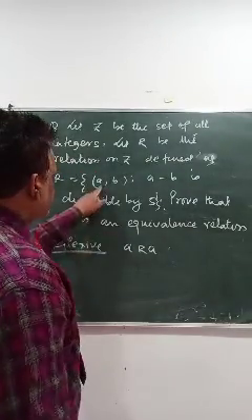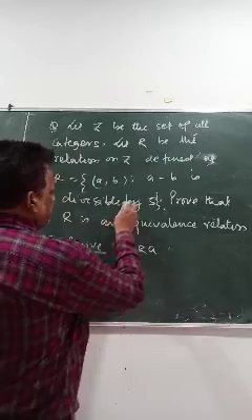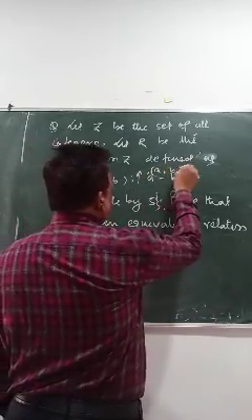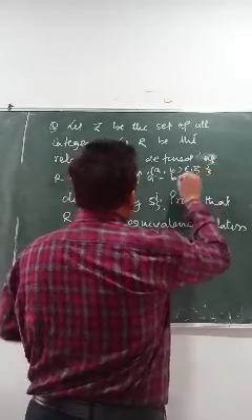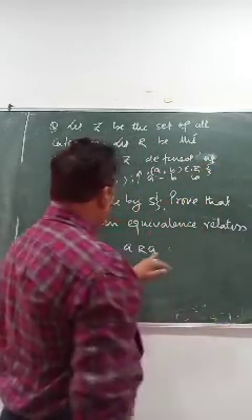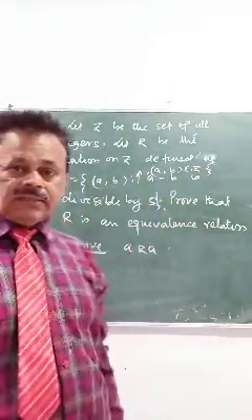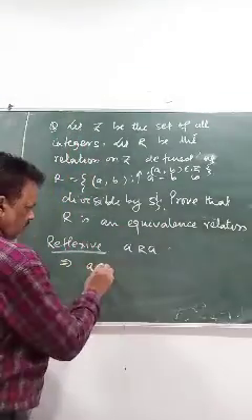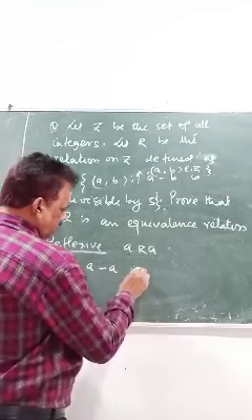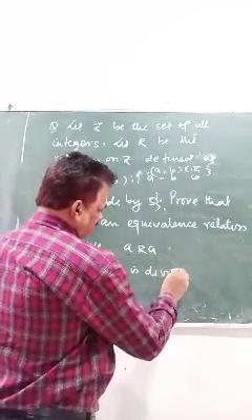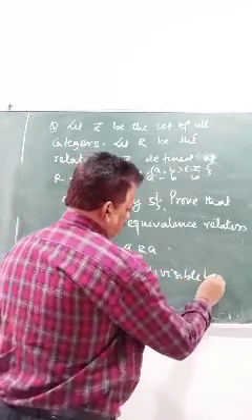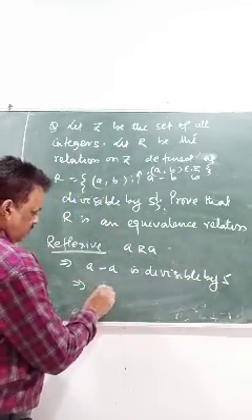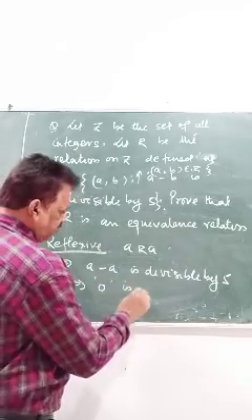You should write here A, B belongs to Z. That means we pick up any integer from Z should satisfy this relation. So what is the meaning of this? A minus A is divisible by 5. That means 0 is divisible by 5.